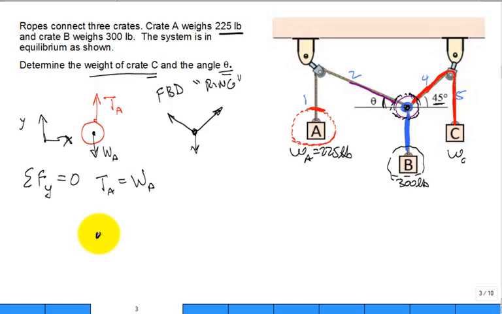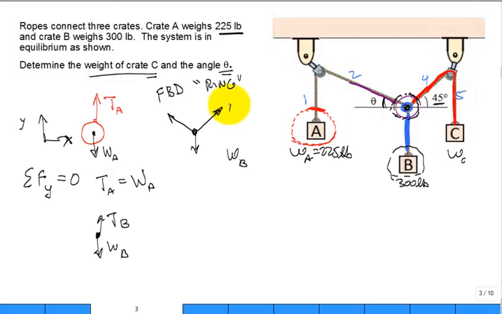There's a lot of free body diagrams you can do. For crate B, it's got the weight of B. This is the tension in the cable going up. So this is the tension in the cable coming down, which is the same as the weight of B. Why not just skip that whole step and just call it the weight of B? You're absolutely right. But maybe you need to draw multiple free body diagrams and slowly dissect this problem.